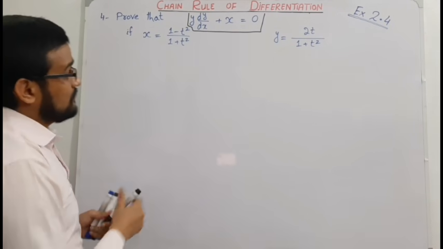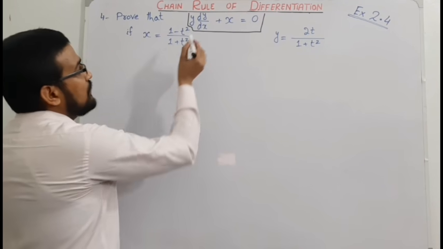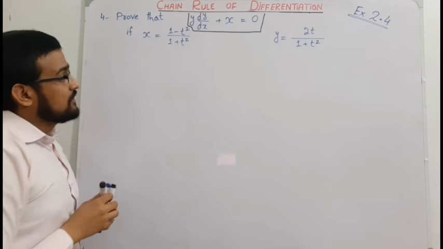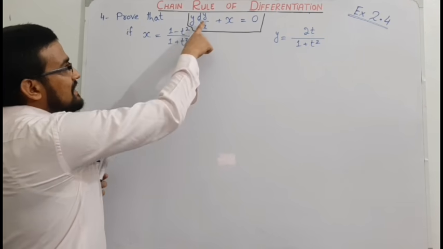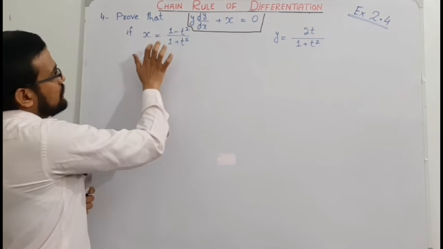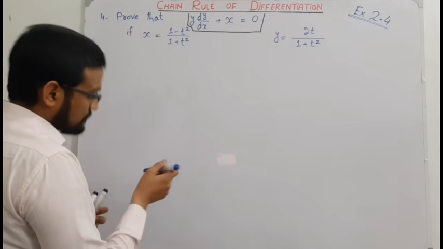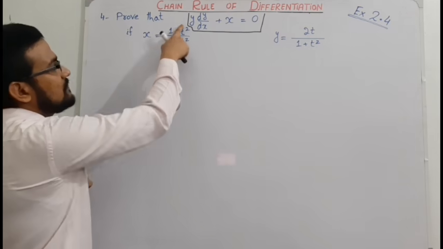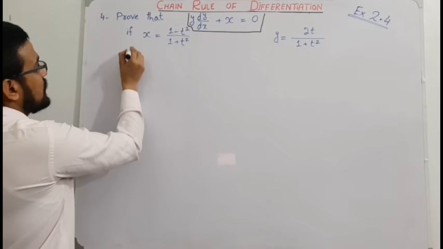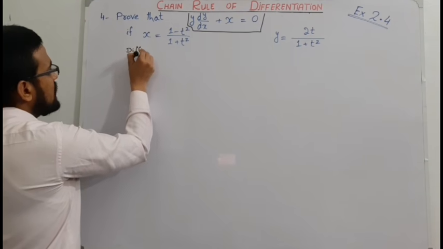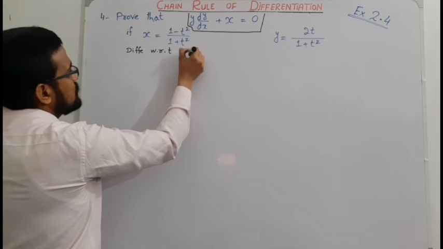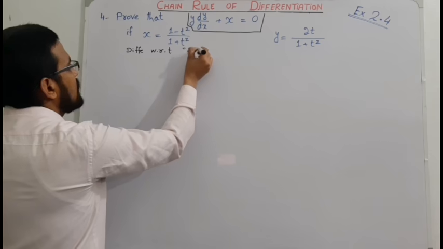So first of all, we need to find dy over dx according to the chain rule. So differentiate this one. First, x depends on t, so differentiate with respect to t.